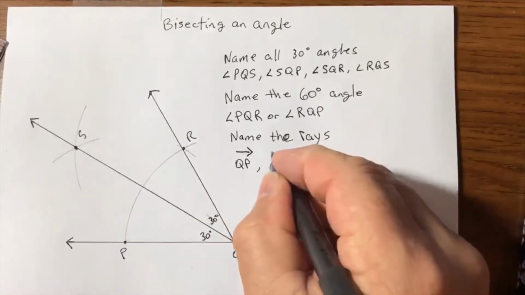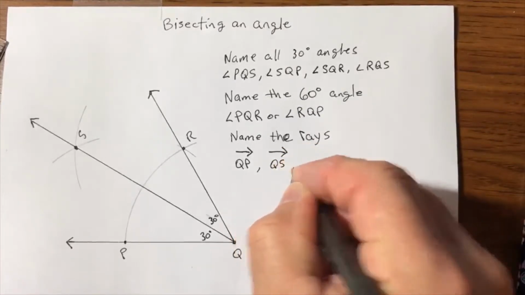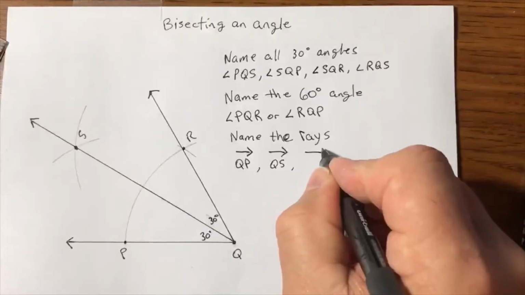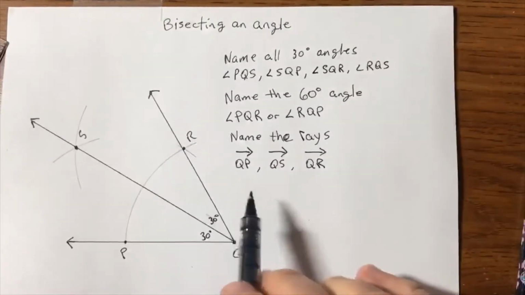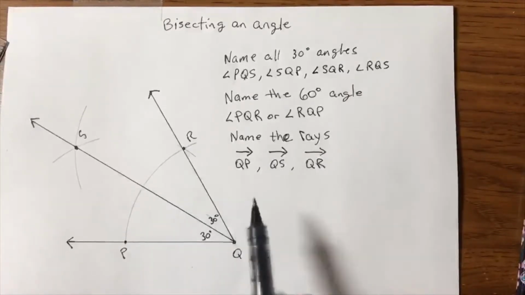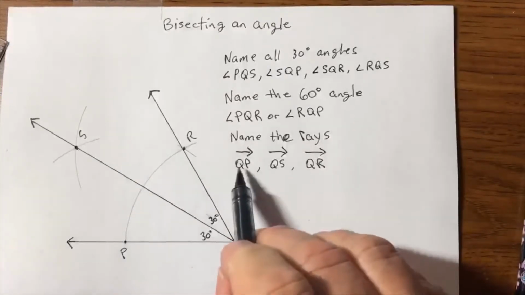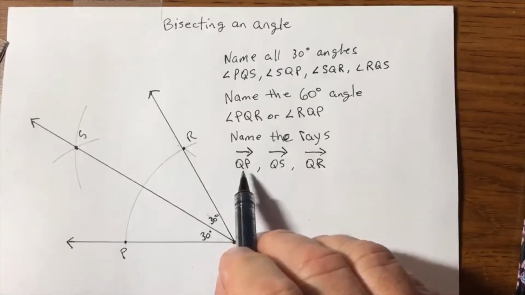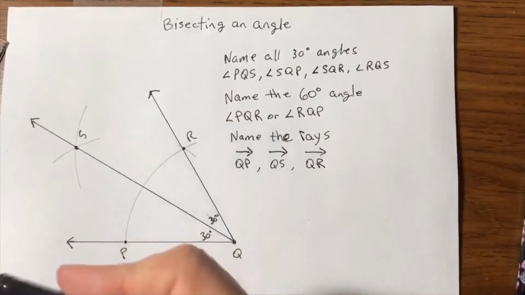We have QS, and then we have ray QR. Now I said you can't name that. You can't name ray QP any other way. It has a starting point and continues going through the P. We must name it like this, with the vertex and the point where it continues through.